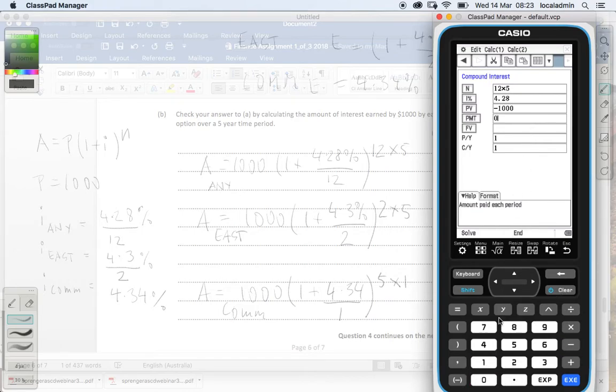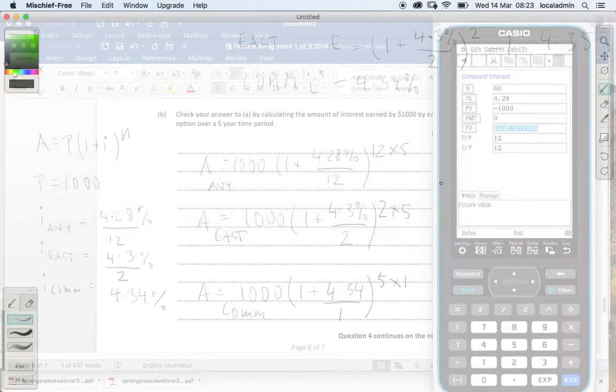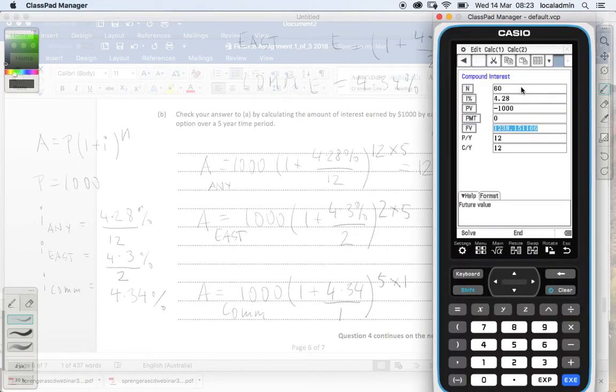We make no regular payments, and this is happening 12 times per year. So that's our final answer there, 1238.15. Now let's move on with the next one.